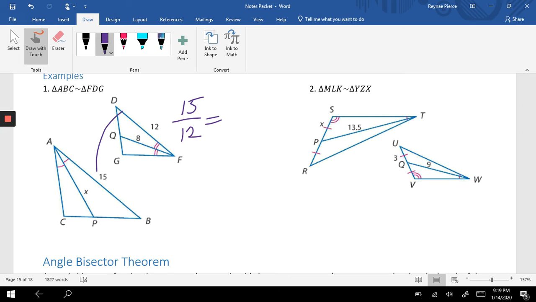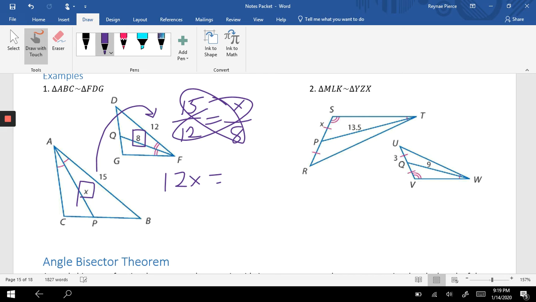And since I said 15 over 12, I can now include these angle bisectors in this proportion to find the missing side. So we cross multiply. 12 times x is 12x. 8 times 15 is 120. When I divide this side by 12, I get x to be 10.